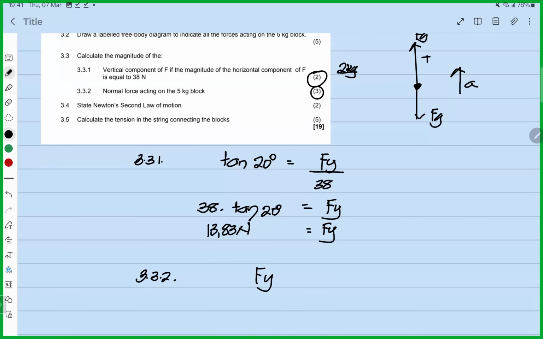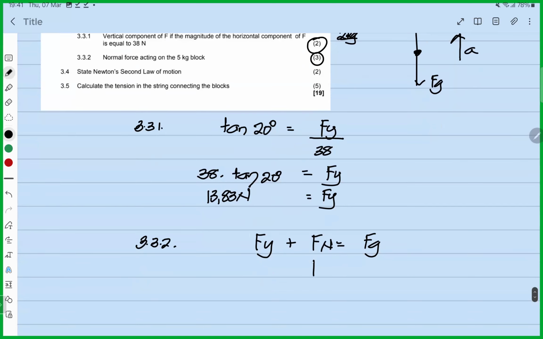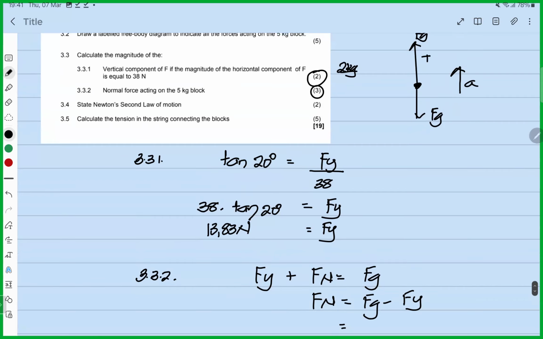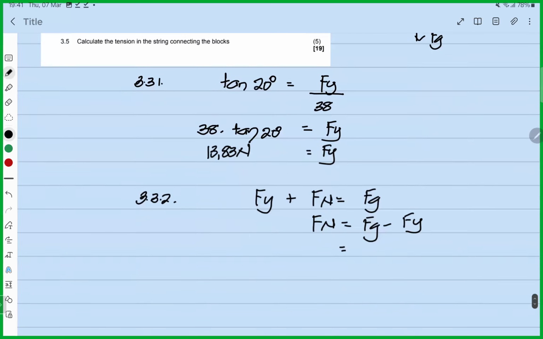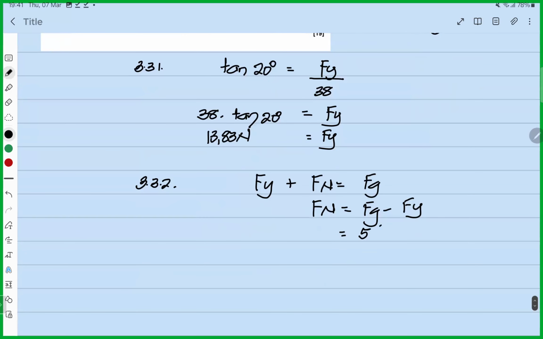Fy plus Fn is equal to Fg. So your normal is Fg minus Fy. Your Fg is mg, and that mass is 5. So it's 5 times 9.8 minus your Fy.